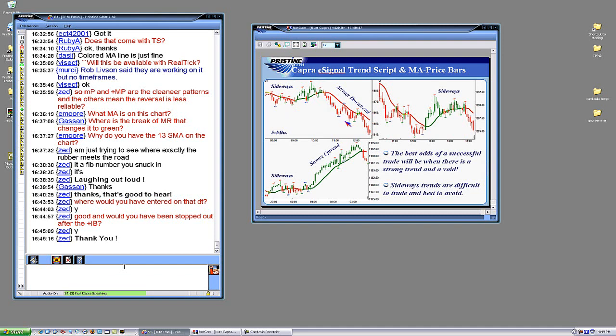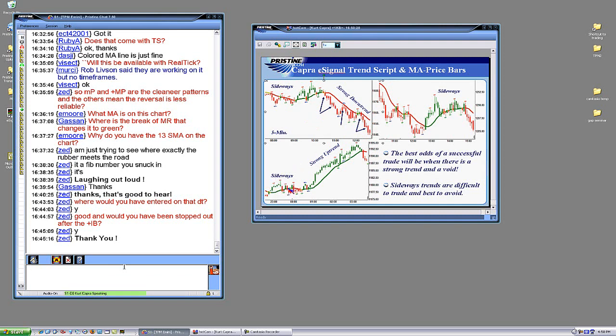Once this strong downtrend is established, though, there were opportunities right here, right? Opportunity right here on the PSS, another opportunity on the failure to move higher here, and another opportunity right here on the continuation lower. You could even make an argument for here. So there were several opportunities.